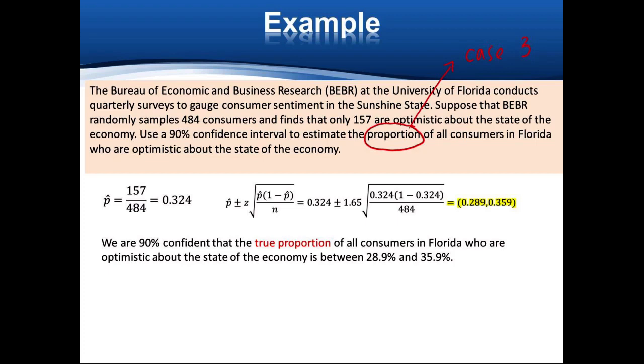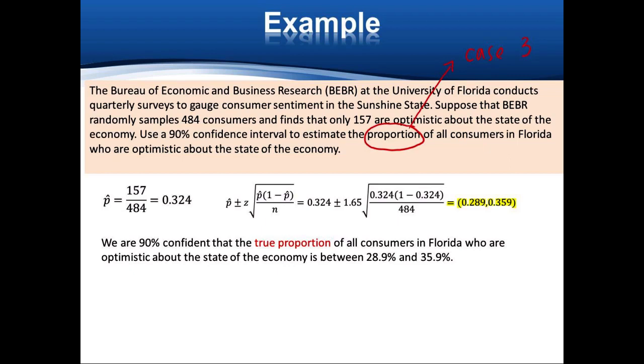The z-score here, according to the 90% confidence level, is 1.65. So you can get the result, 0.289 and 0.359. And lastly, it's better to interpret the result.